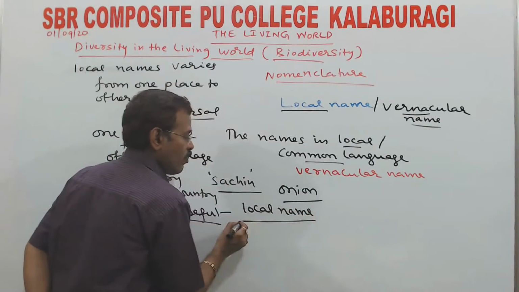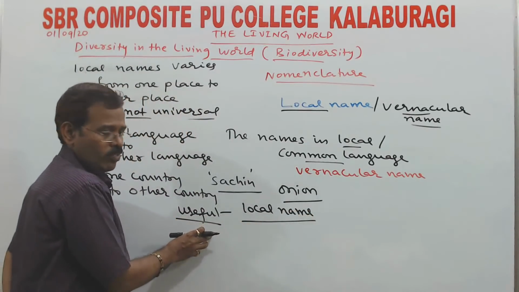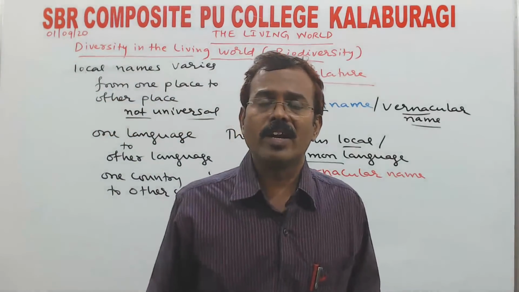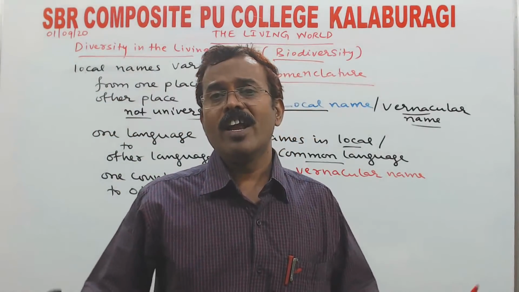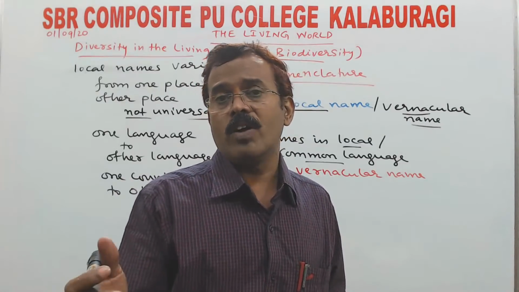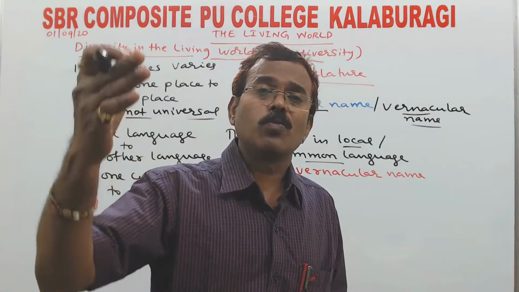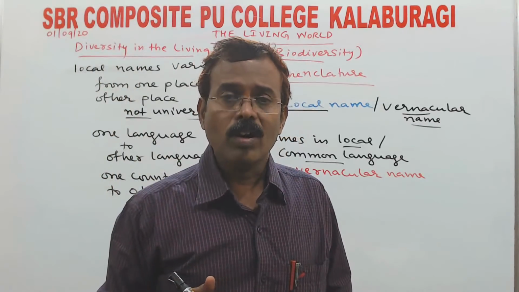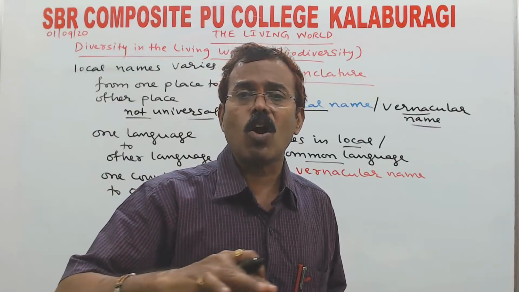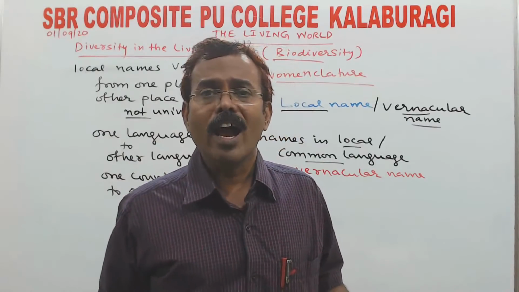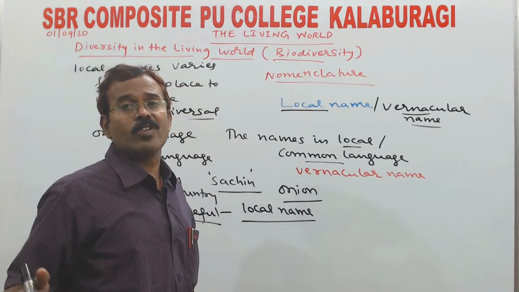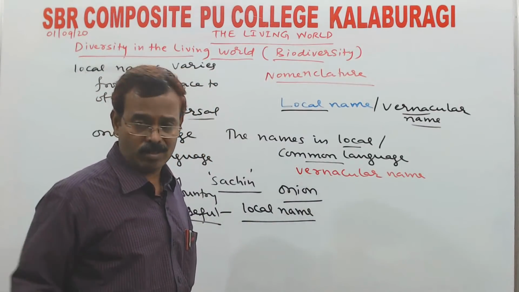Only for such species have we given local names. But there are so many plants and animals found in natural habitats such as forests. We have not given local names to those plants and animals. So local names have been given to those which are commonly found in our surroundings and much useful for us. But there are a large number of plants and animals found in forests.